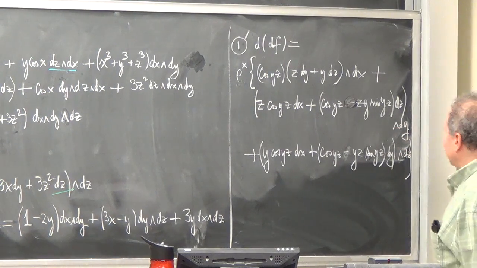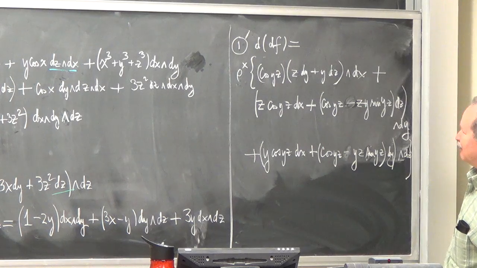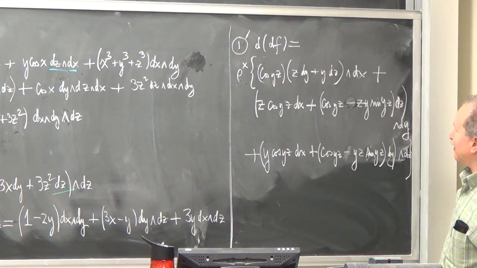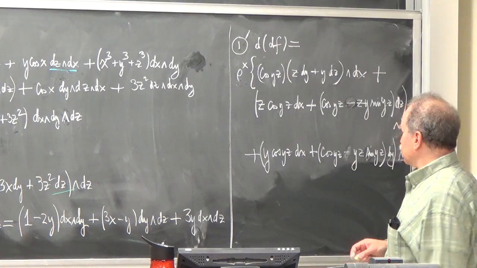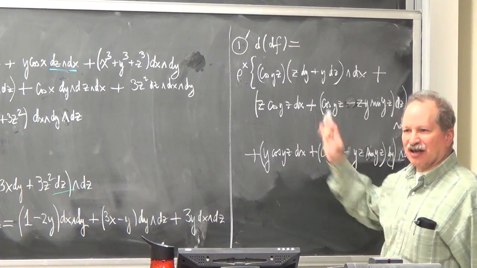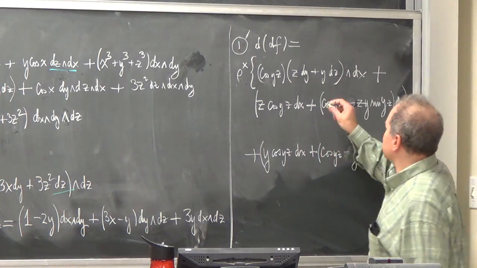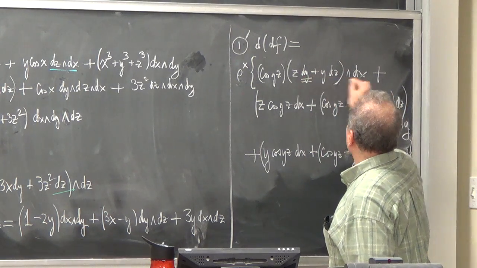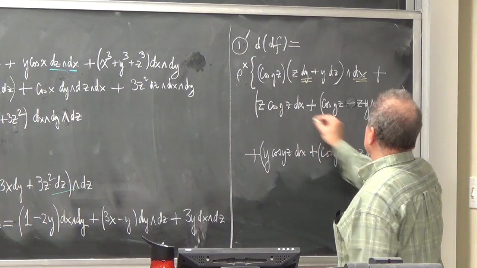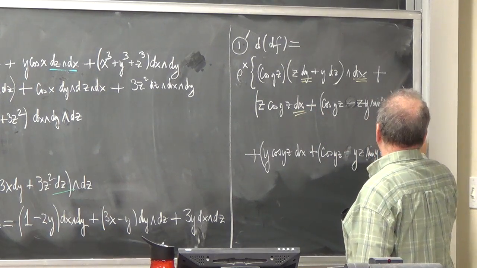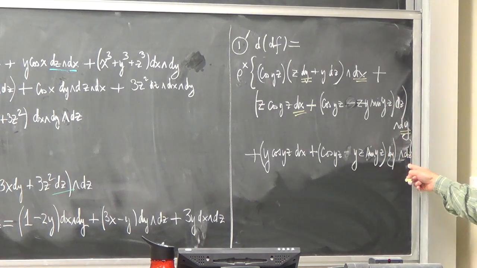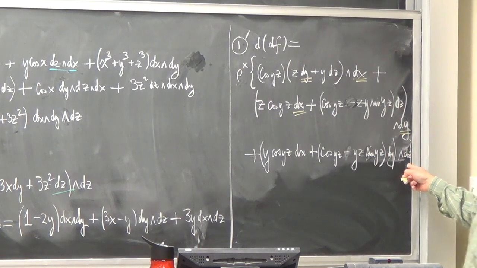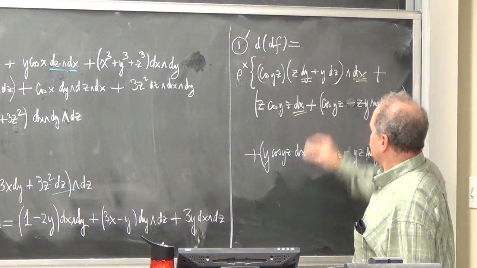All right. Well, what happens? It all falls apart. Let's look at the dx wedge dy stuff. I'm not going to go through and check all of it, but I've got a dy wedge dx here, a dx wedge dy here, and nothing here, because those all have dz's. So what happened with the dx dy?